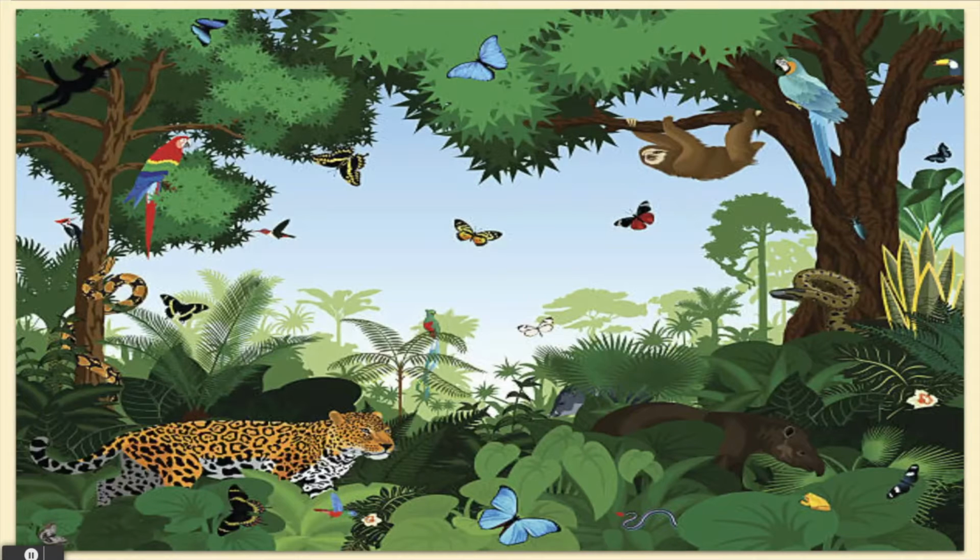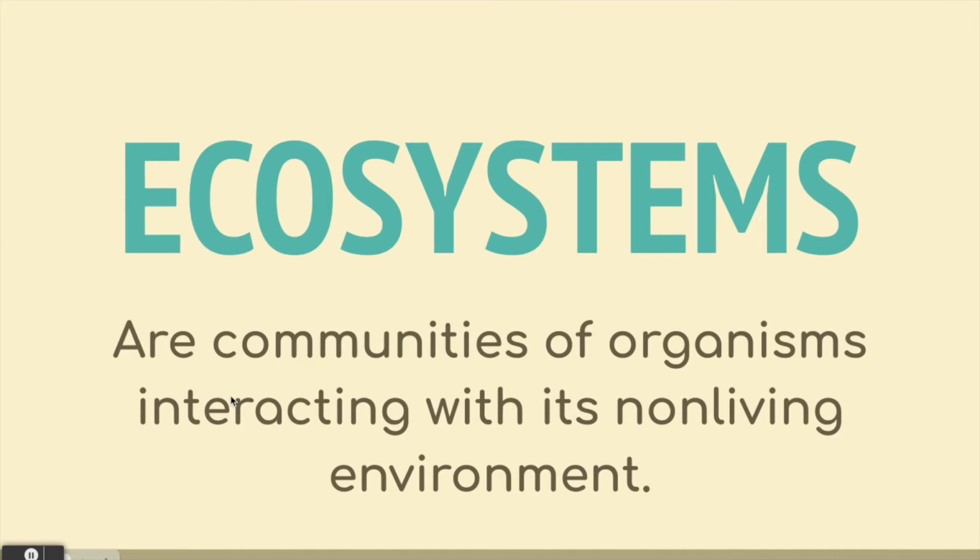Now, there is also another name for environments. They are called ecosystems. Ecosystems are the communities of these organisms, plants and animals, that interact with all the non-living things like the water, the soil.